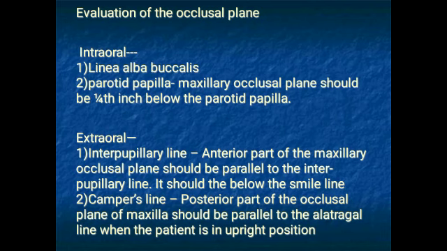It should be 2 mm below the upper lip or smile line. Camper's line: the posterior part of the occlusal plane of the maxillary should be parallel to the ala tragus line when the patient is in upright sitting position.